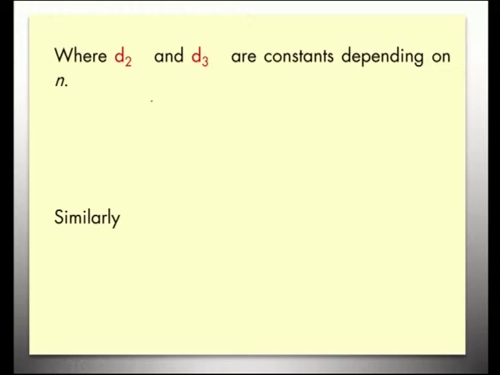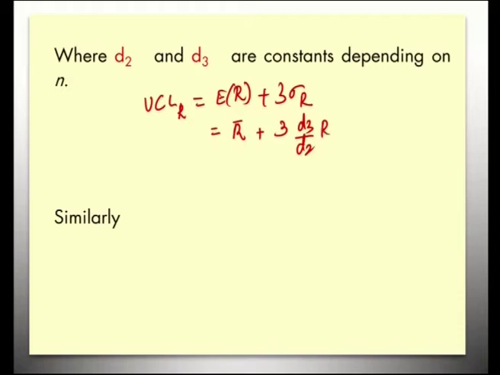So, UCL of R, that is upper control limit for R, is expectation of R plus 3 sigma R, which is equal to R bar plus 3 times d3 by d2 into R bar. Taking R bar outside, 1 plus 3 d3 by d2 into R bar.